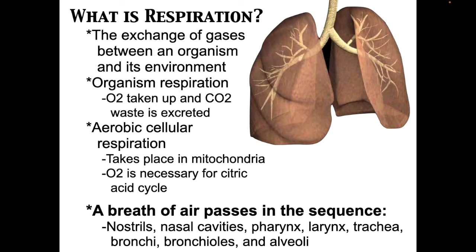And remember, we can't move into the Krebs cycle and the ETC cycle without this oxygen. Lactic acid crystals are going to build up. If we don't have oxygen, that would be anaerobic. So again, oxygen is necessary for the Krebs cycle or citric acid cycle to occur. The citric acid cycle is another name for the Krebs cycle.